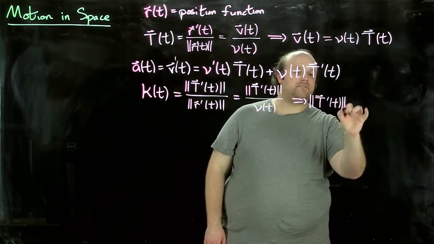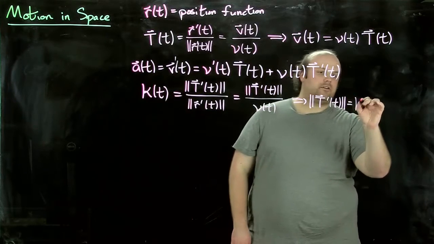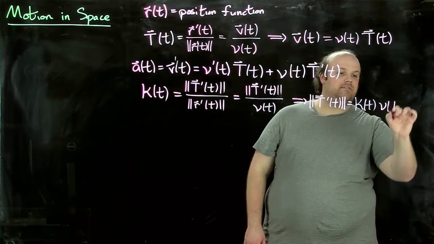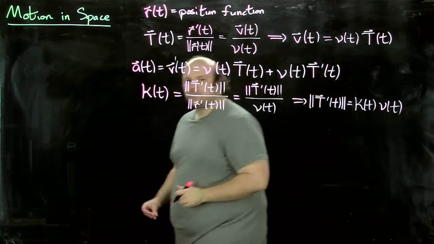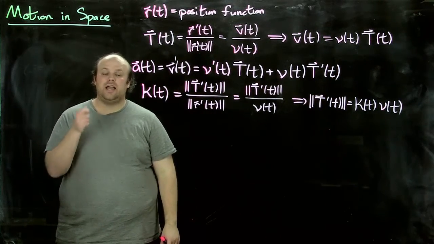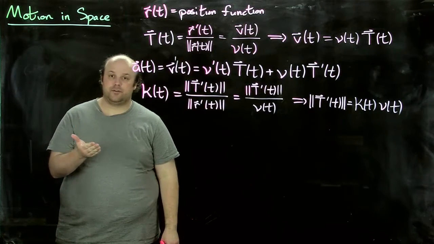The magnitude of T prime of t is just the curvature of t times the speed of t.